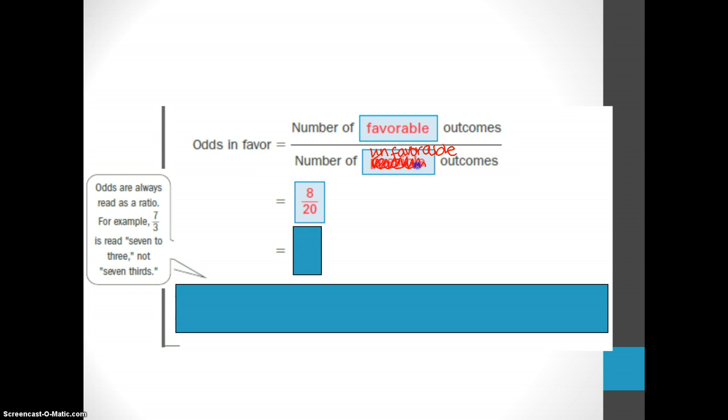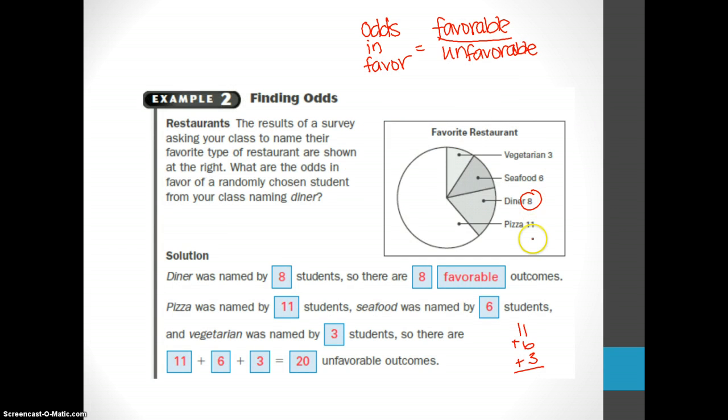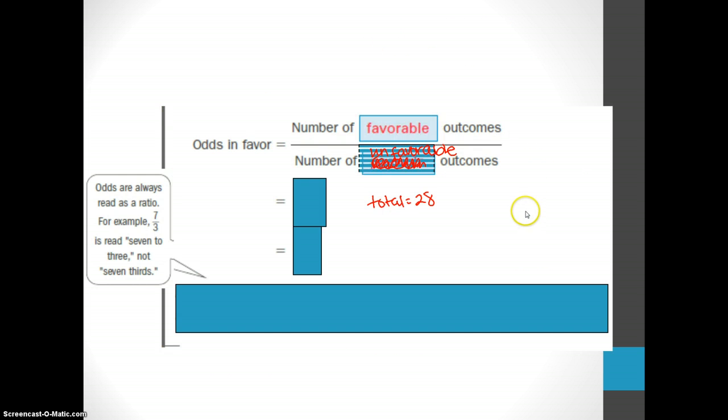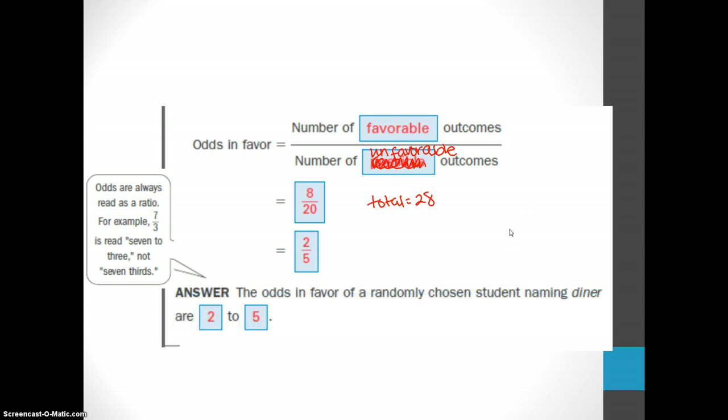Remember, the total possible would have been 28. When I add that together, the total is 28. And I can check that by going back and adding up everything. 2/5 is your answer. The odds in favor of randomly choosing a student that named Diner are 2 to 5.